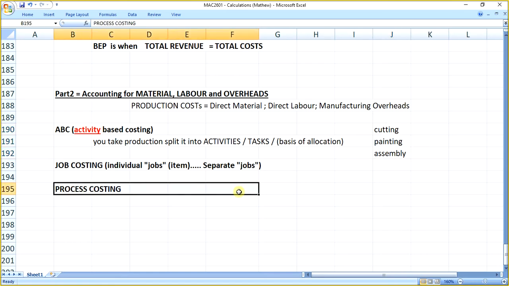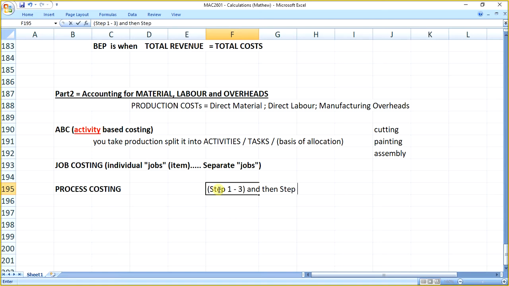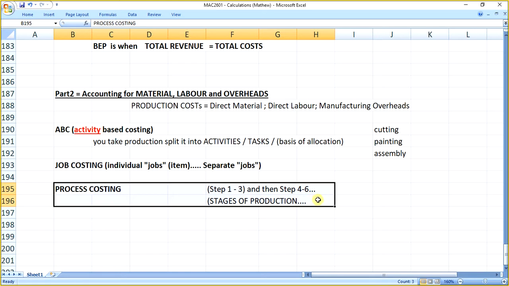The process is looking more at step 1 to 3, and then step 4 to 6. So process costing is looking at those stages of production, not so much activities, more the different steps you would have to use in order to get to the finished product, the outputs.